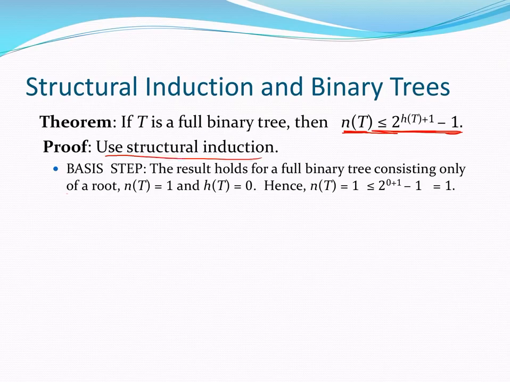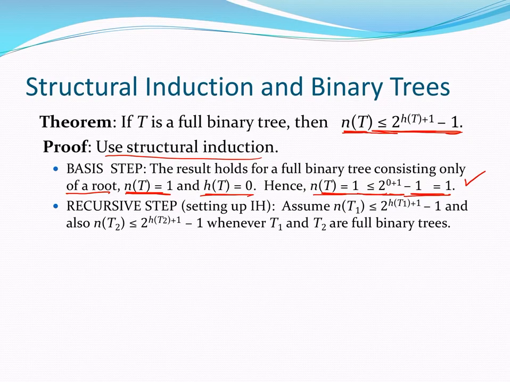In the basis step, we only have a single root, the number of vertices is 1, the height is 0, and we'll check to see if our theorem holds. Number of vertices is 1, it's less than or equal to 2 to the 0 plus 1 minus 1, which is 1, so everything checks out on the basis step.